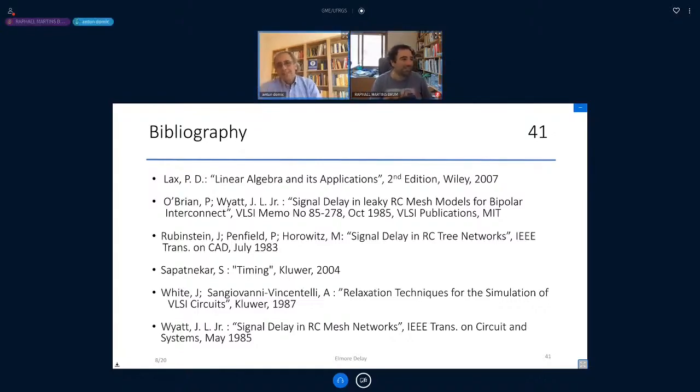Oh, well, remember that the calculations that you have to do to compute some of those RCs are exactly the same. There is nothing new here.